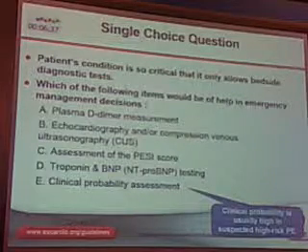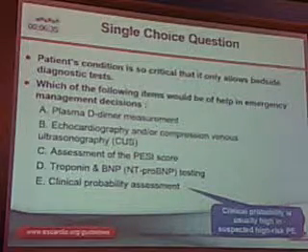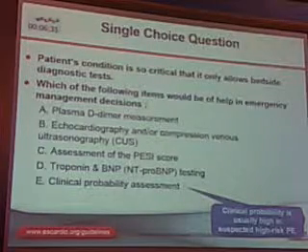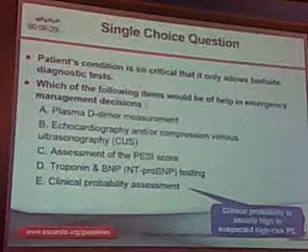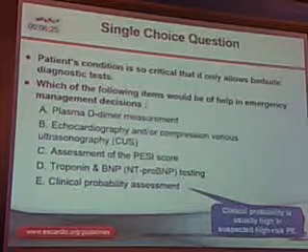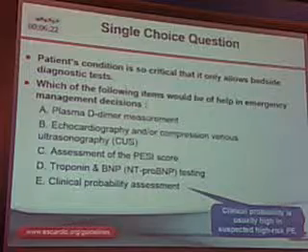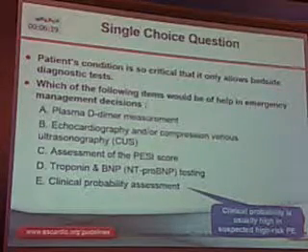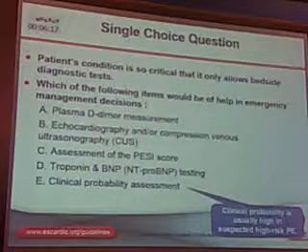The clinical probability assessment that I've shown you, the Wells test or the Geneva score, clinical probability is usually high in suspected high-risk pulmonary embolism patients. So in this case, if it's a high-risk patient, hypotensive, getting into shock, we don't really need to go into more risk stratification, they're already at very high risk.